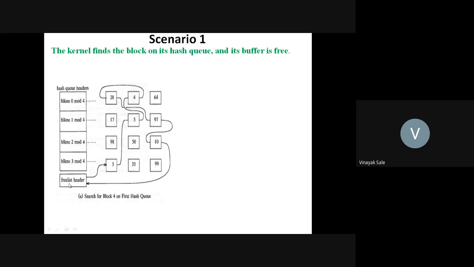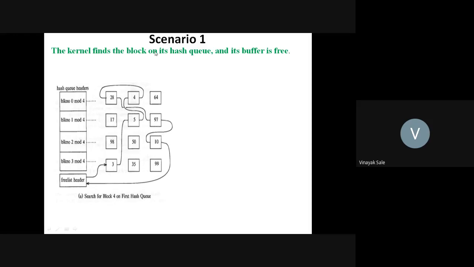The free list header points to it, and there are 4 different blocks on the hash queue. The question is: the kernel searches for block 4, or buffer number 4, on the first hash queue, and it is free.